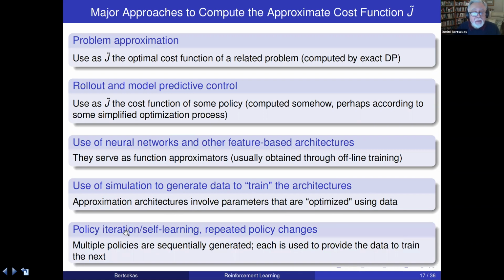Then there is the dynamic programming idea of policy iteration and self-learning, where we generate sequentially multiple policies, and each is used to provide the data to train the next. So there's a very broad range of approaches to compute approximations, and I've listed here some. We're going to go through all of those over time, and we're going to see how they fit into the overall picture.